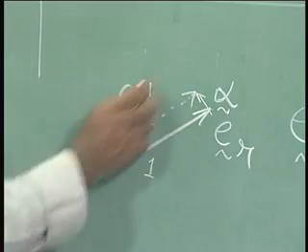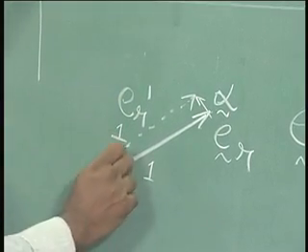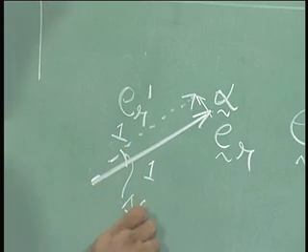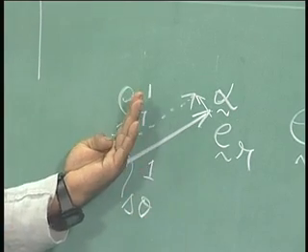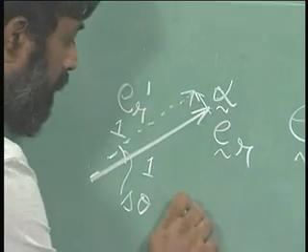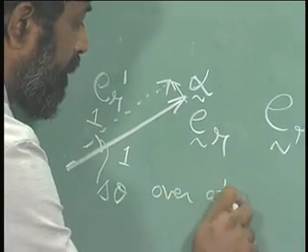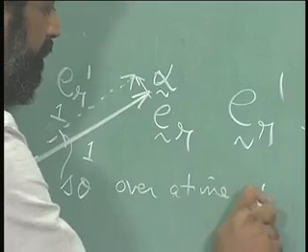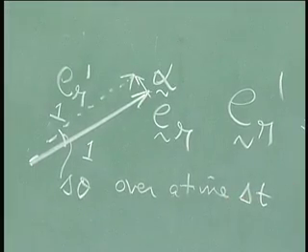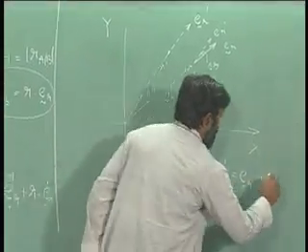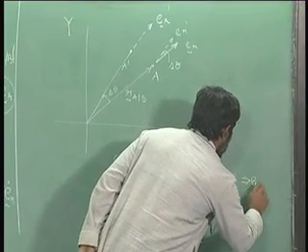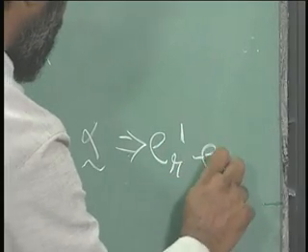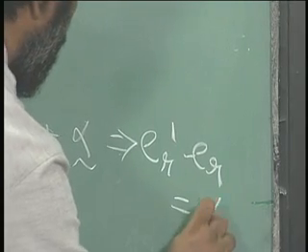What is the length of ER prime? That is also equal to 1. What is this angle? This is delta theta, and this has occurred over a time delta t, all right. This implies that ER prime minus ER is equal to alpha.